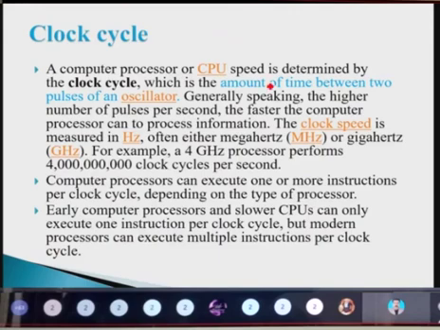A computer processor or CPU speed is determined by the clock cycle. What is meant by this clock cycle? Clock cycle is nothing but the amount of time between two pulses of an oscillator. Generally, the higher the number of pulses per second, the faster the computer processor can process information.